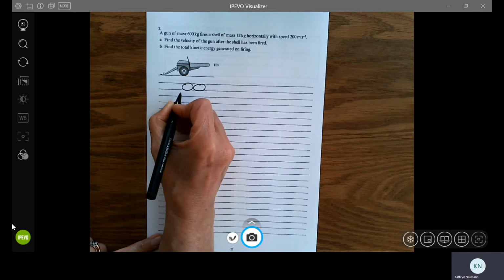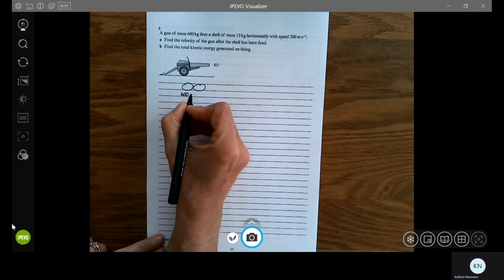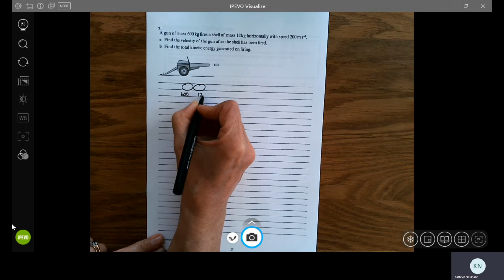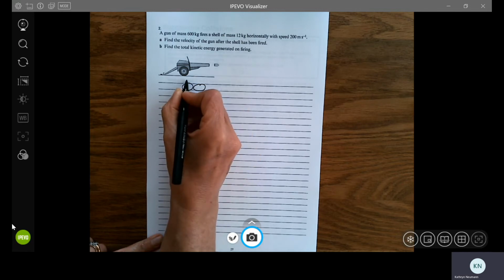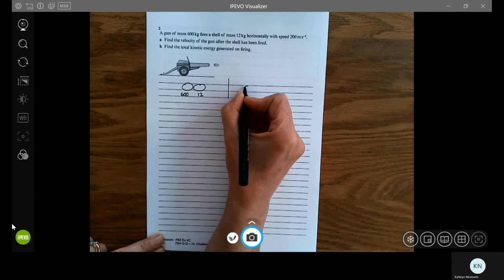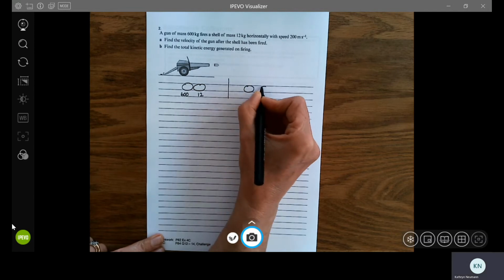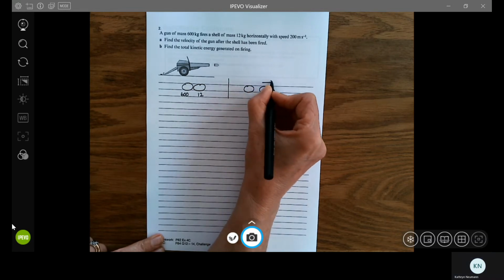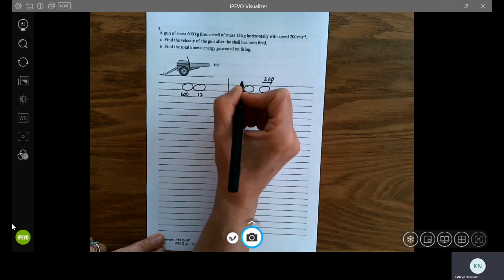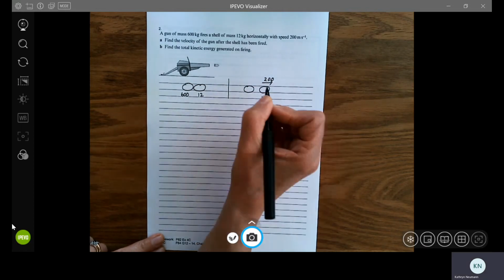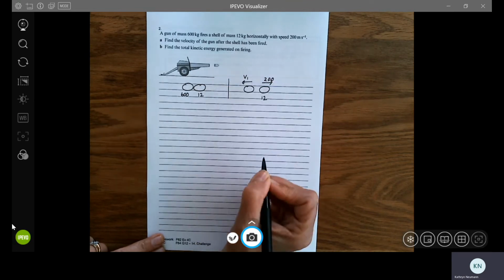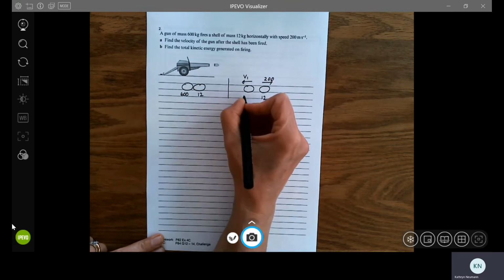The gun has a mass of 600 and the shell has a mass of 12, and both of these are at rest. After the gun is fired, the 12 kilogram mass goes off with a speed of 200. Now we know that the gun is going to go back this way, so we can mark it in as being V1 in that direction.